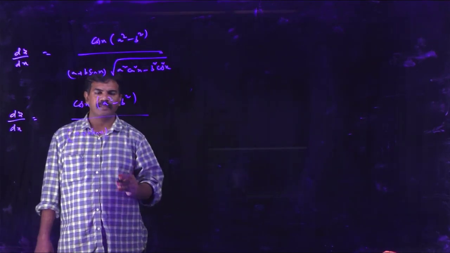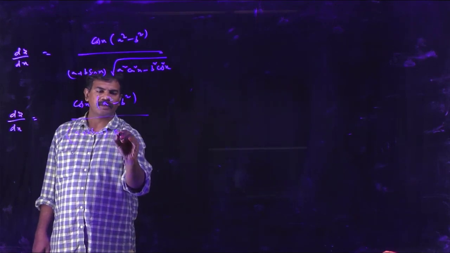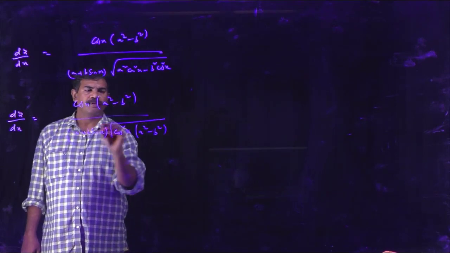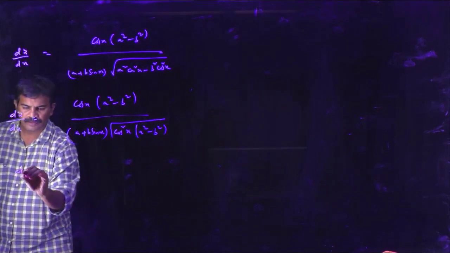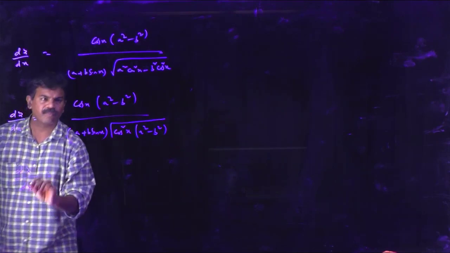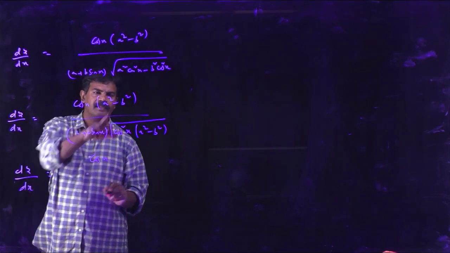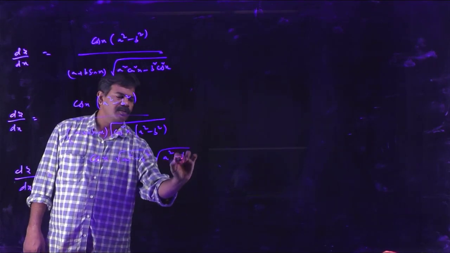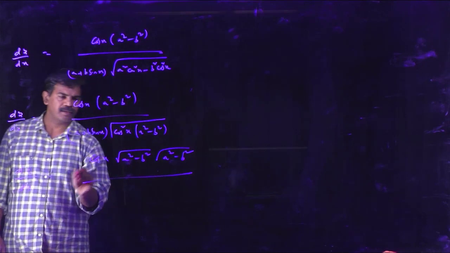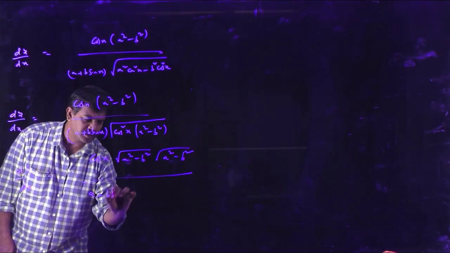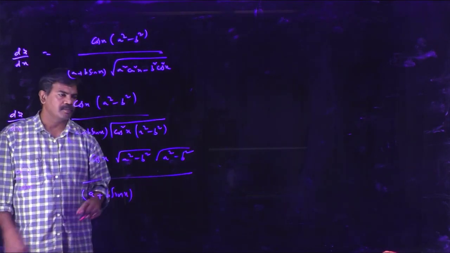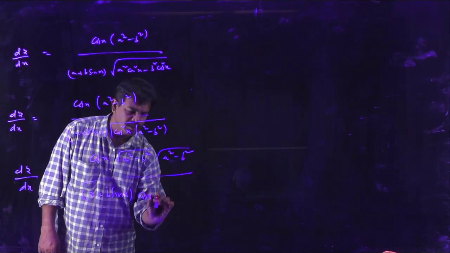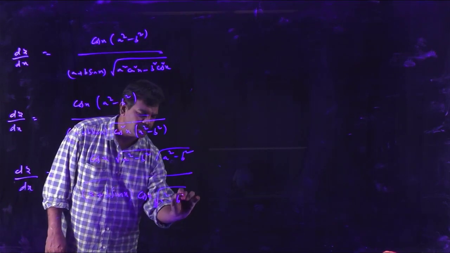a plus b sin x into, that is, cos square x is common, that is a square minus b square under root. That is, dy by dx is equal to cos x into, we write this root of a square minus b square, into root of a square minus b square by a plus b sin x into cos square x, which comes outside, that is cos x into root of a square minus b square.